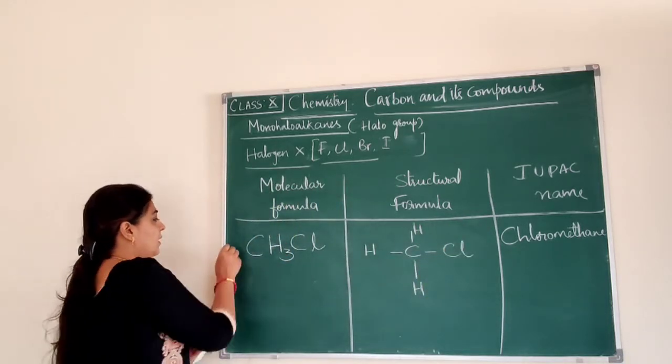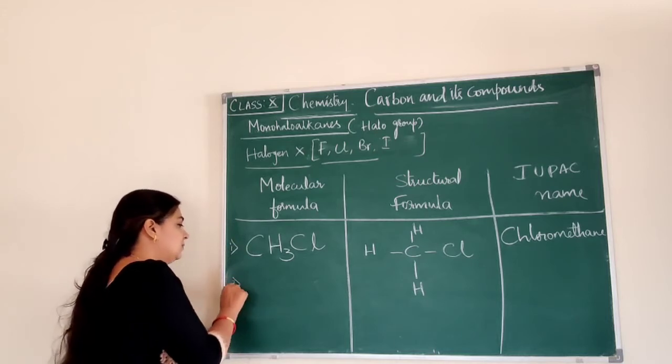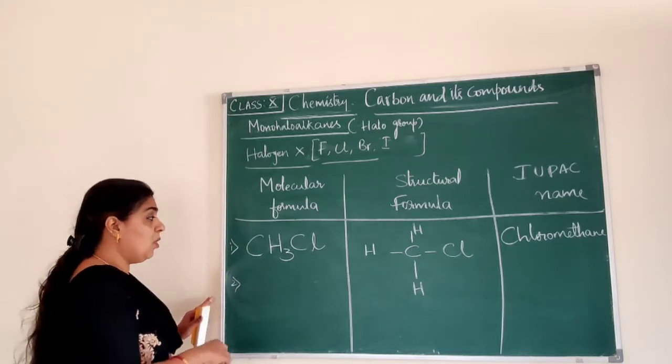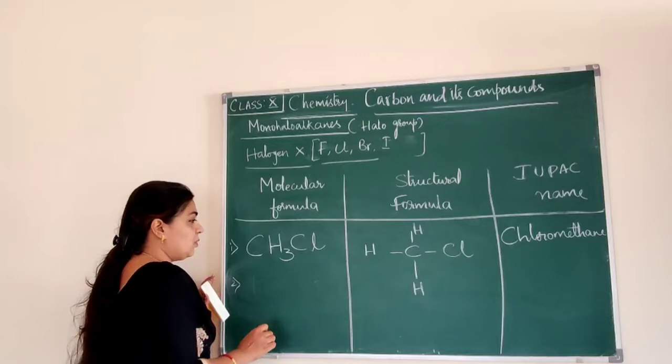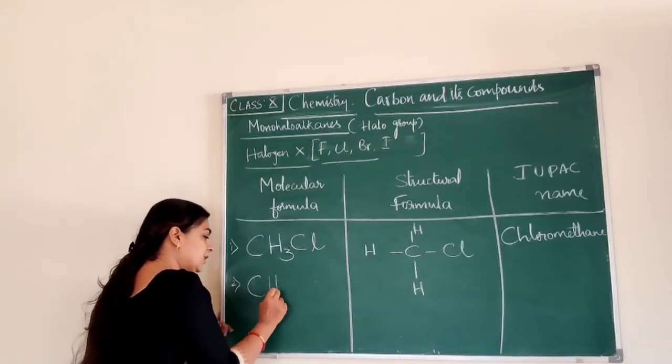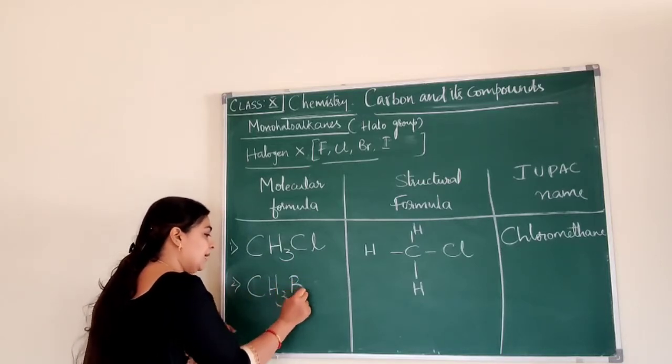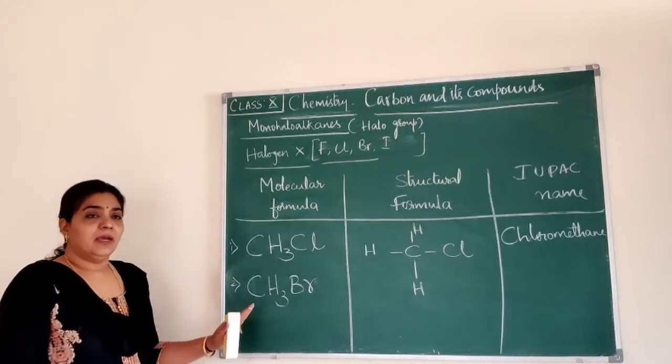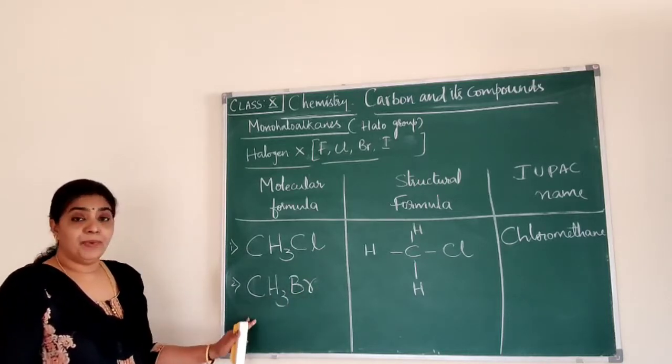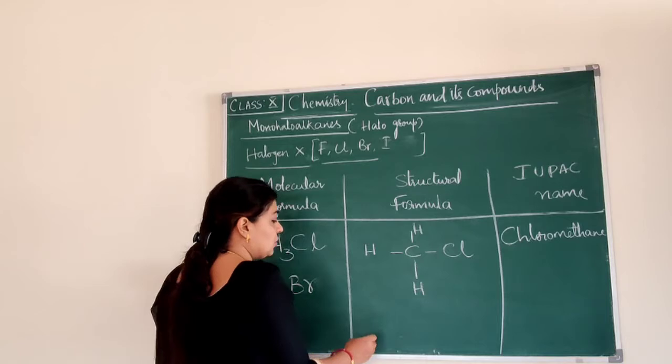Now, if I ask you to write the structure of bromomethane, what will it be? It will be CH3Br. What is CH3Br? It is bromomethane. So what will be the structure?